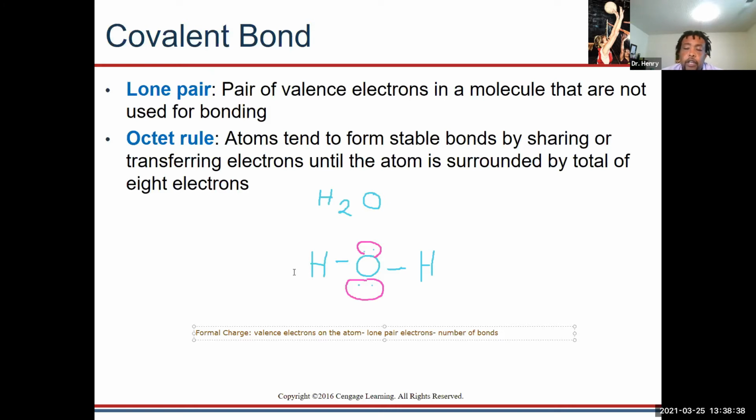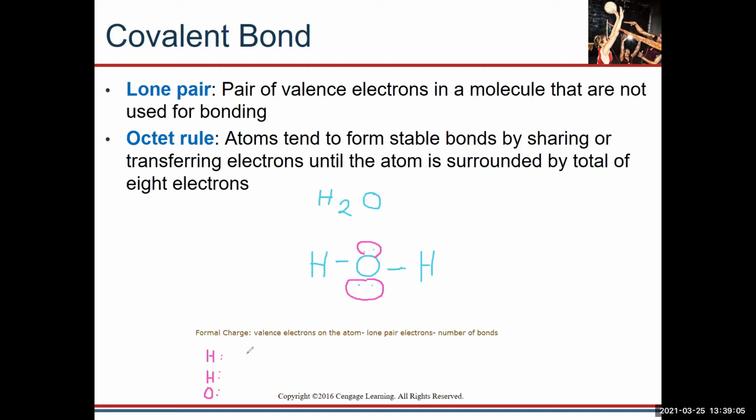Each atom has to be calculated independently. In this case, we technically have 3 atoms that we're looking at: an H, an H, and an O. If we're going to calculate the formal charge of the hydrogen, how many valence electrons does hydrogen have? 1.